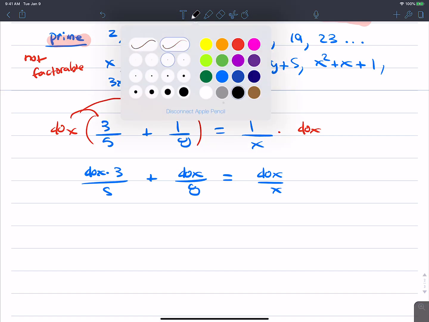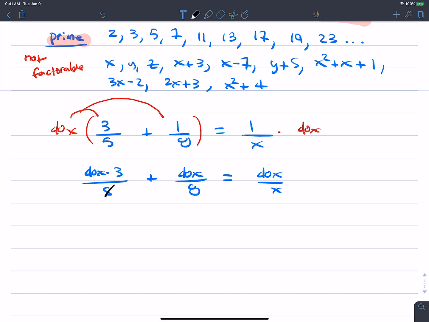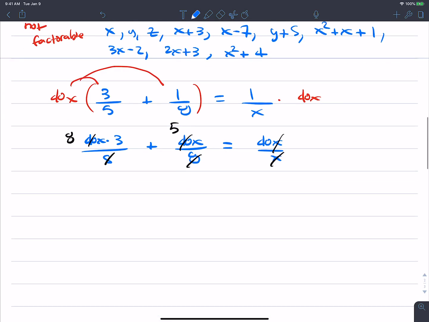You might say, what do I see? Well, 5 will go into the LCM of 40x. 5 particularly goes into 40. How many times? 8. 8 goes into 40 how many times? 5. x and x cancel. So let's see, what kind of equation do we have next here? This is 8x times 3.